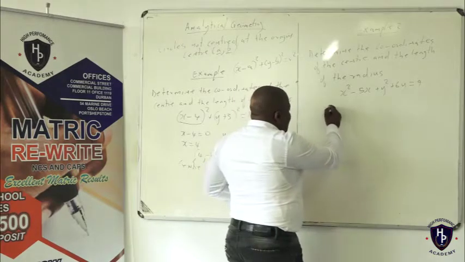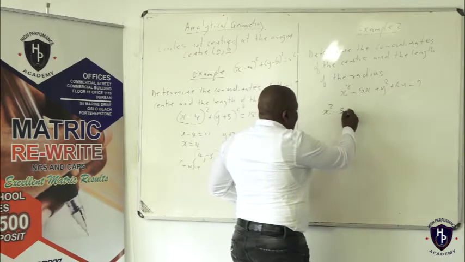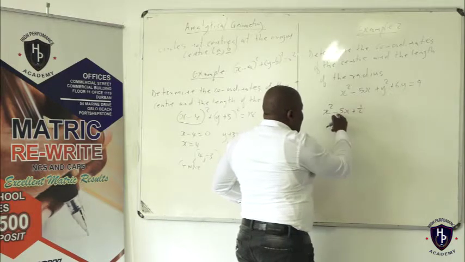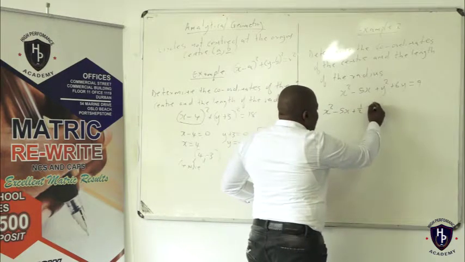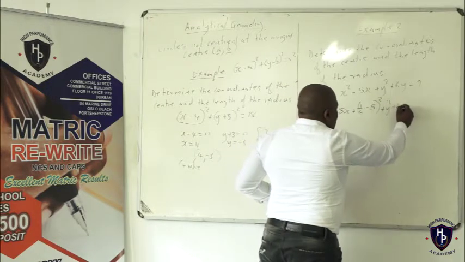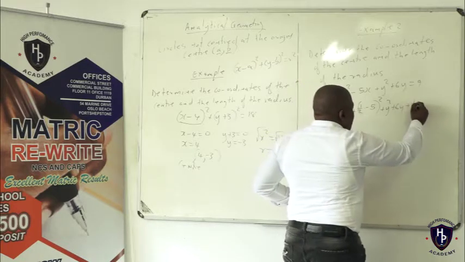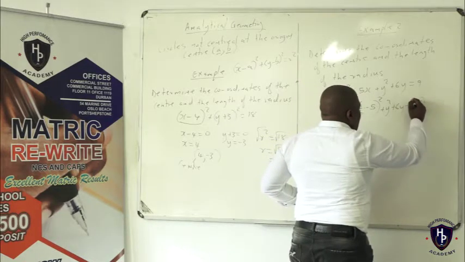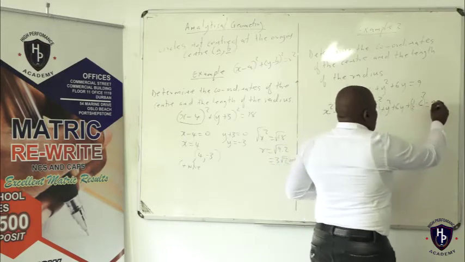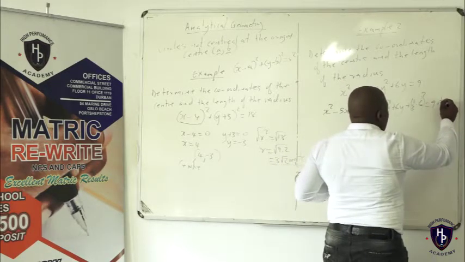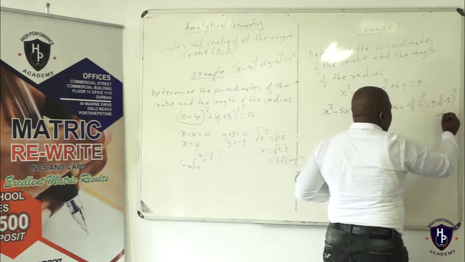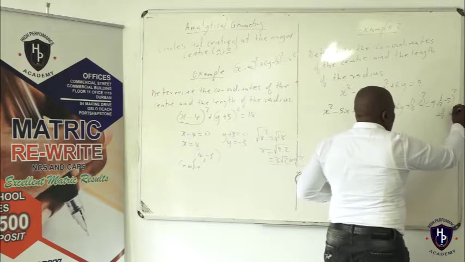We're going to say this is x squared minus 5x, plus half the coefficient of x, which is minus 5, you square it, plus y squared, plus 6y, plus half the coefficient of y, which is 6, you square it. Even on the right hand side, you're going to say plus half the coefficient of x, which is minus 5, squared, plus half the coefficient of y, which is 6, squared, okay?